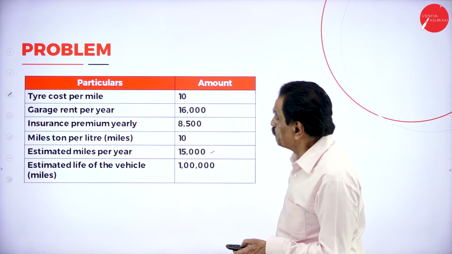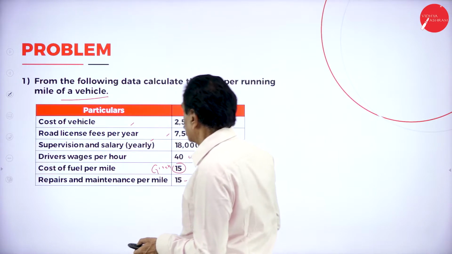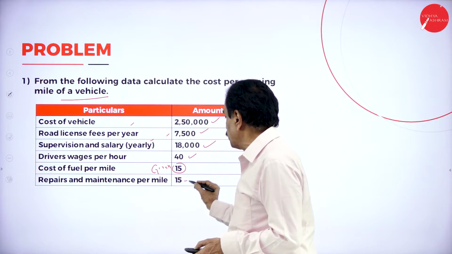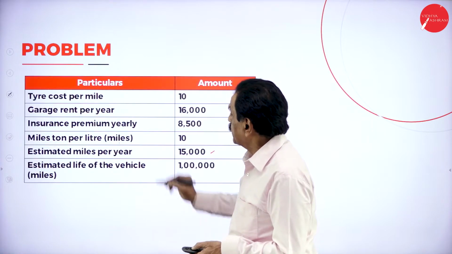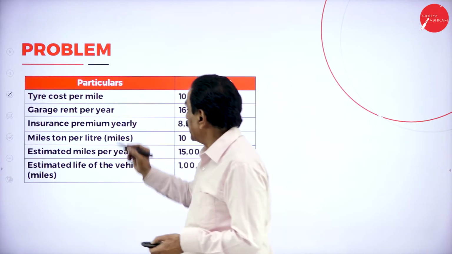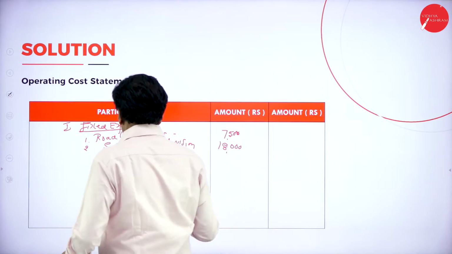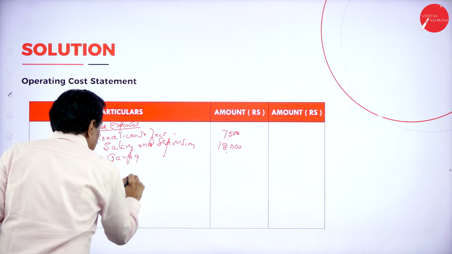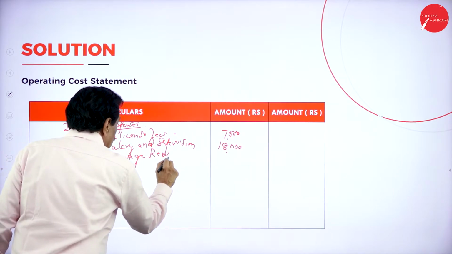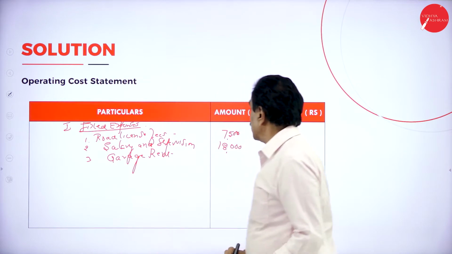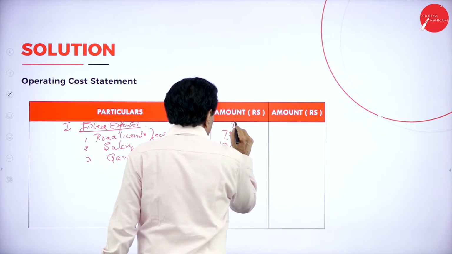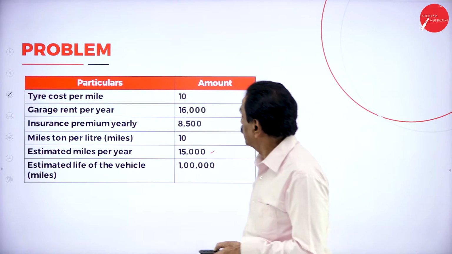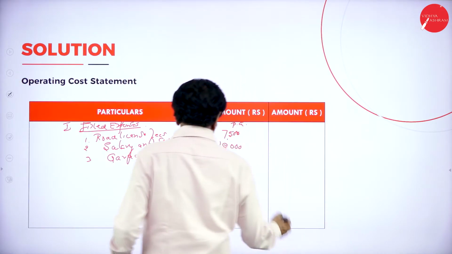Then driver wages per year, cost of fuel per year, repairs and maintenance per mile, tire cost per mile, garage rent per year. All you are taking per annum. What's your garage rent? 16,000.